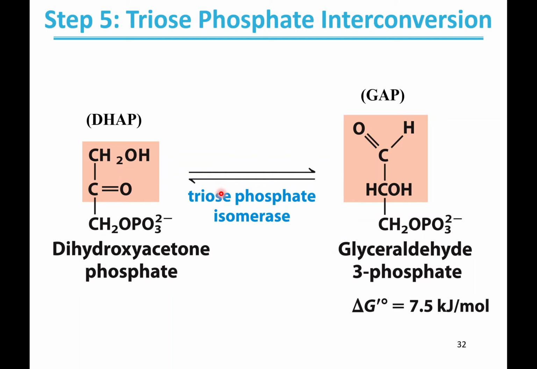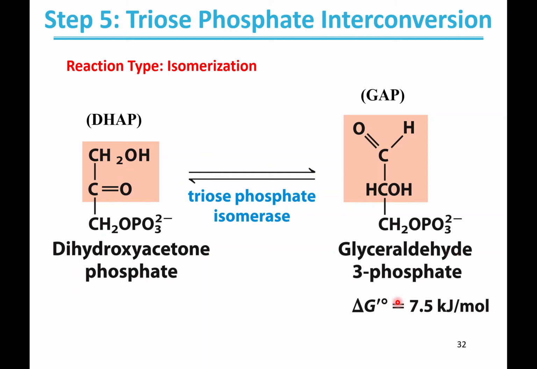Triose means a 3-carbon sugar, so triose phosphate is a 3-carbon sugar with a phosphate, and isomerase is telling you what it's doing: isomerizing. So the reaction type is an isomerization, taking dihydroxyacetone phosphate and converting it into glyceraldehyde 3-phosphate.